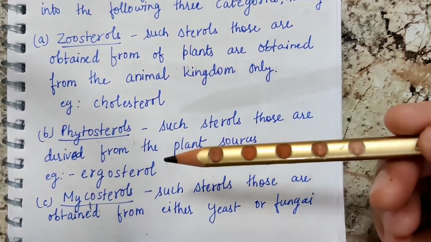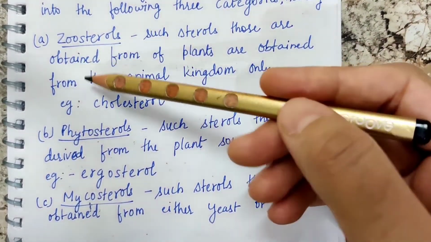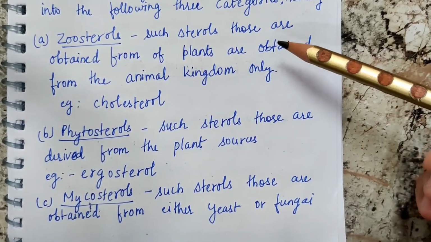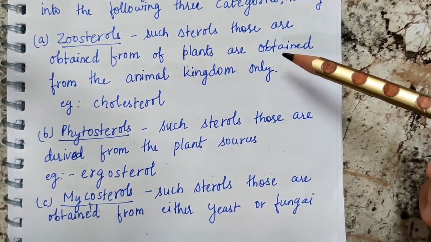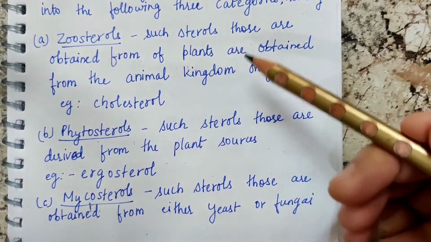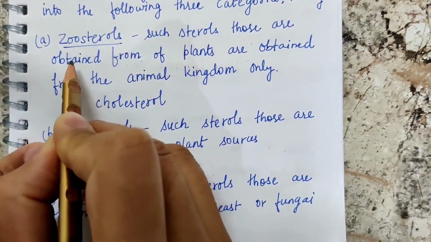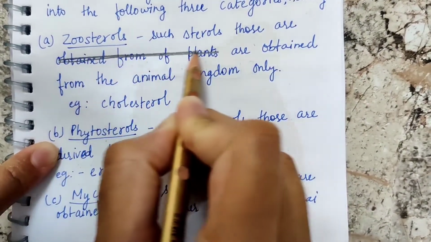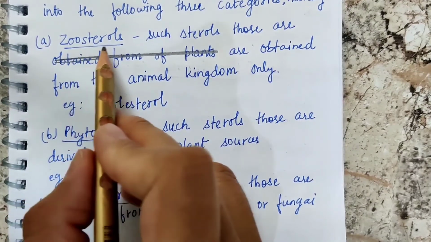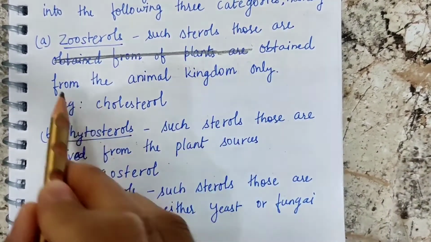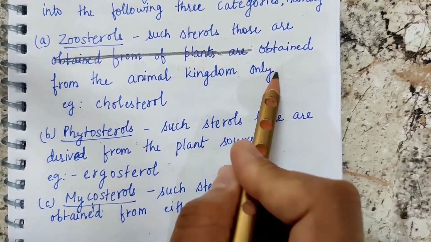As the names suggest, zoosterols are sterols obtained from the animal kingdom only.